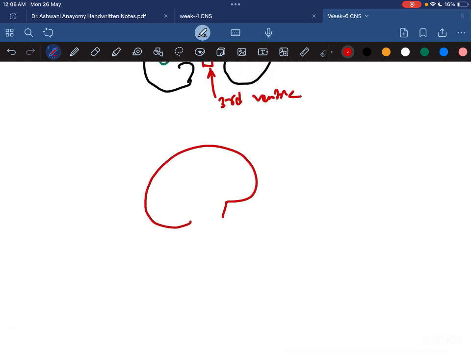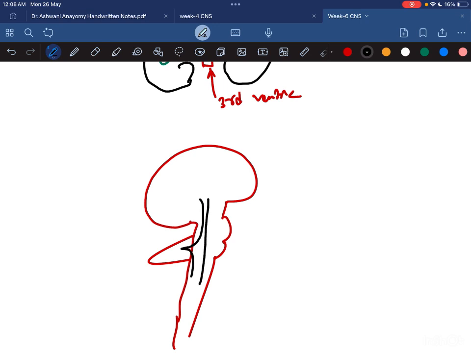This is the cerebrum, midbrain, pons, medulla, spinal cord. Here is the cerebrum, and in between, this ventricle is known as the fourth ventricle, and here is the third ventricle.